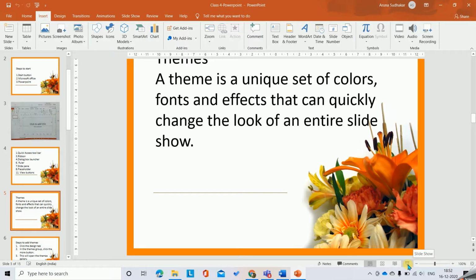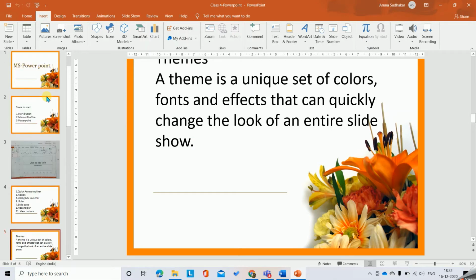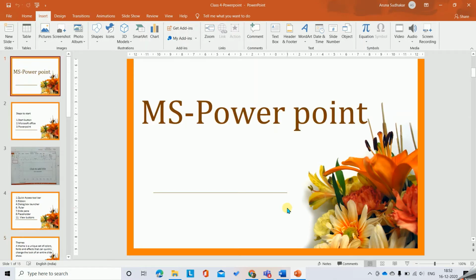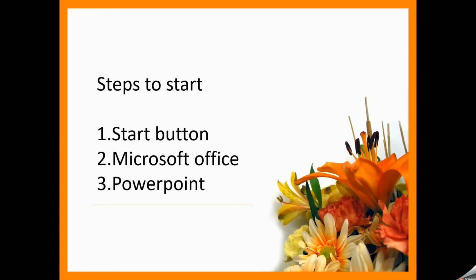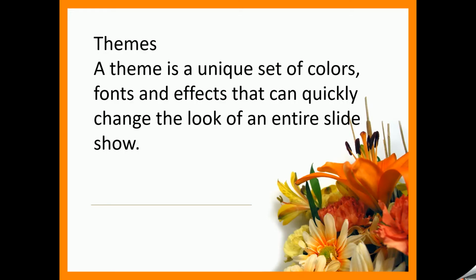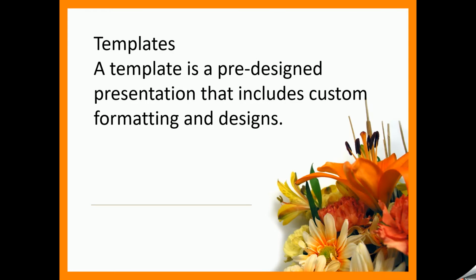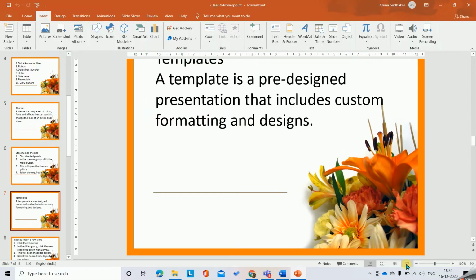Can you just see a symbol slideshow? Yes, I can just select the slide from which I need to start my presentation, and then I can click on the slideshow. So this is another way I can run my slideshow. The same way, to come out, I'll press the escape key.